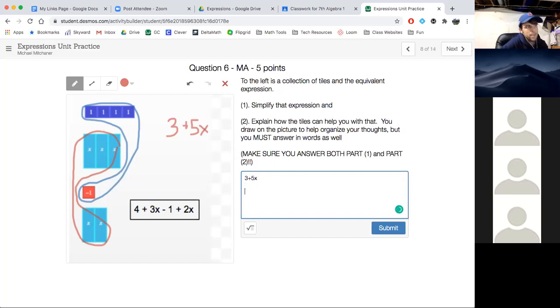Remember, this has a second part, simplify, which we just did, but also explain. So here we go. I put together the terms that were represented by the same algebra tiles.